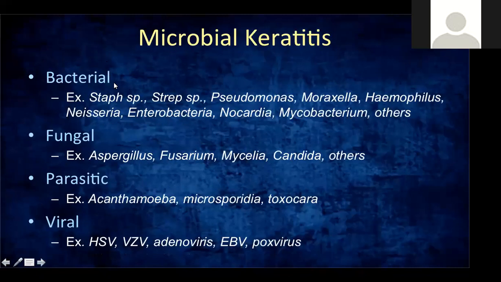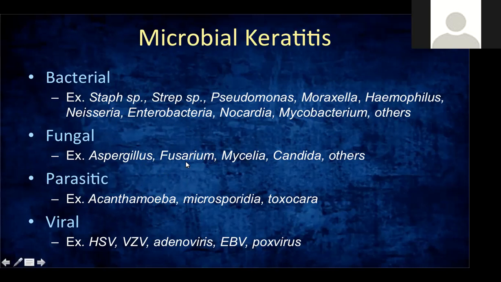For your bacterial type of ulcers, you have the typical etiologies of strep, staph, Pseudomonas, Moraxella, Neisseria. Most of them are actually those that also cause your conjunctivitis. You can have fungal types of ulcers or keratitis caused by the different types of fungi.